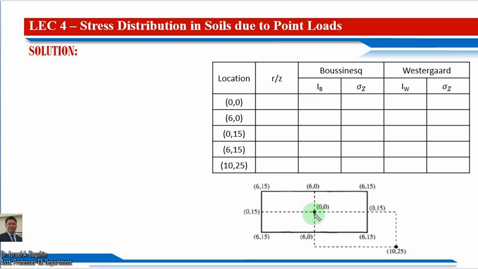This is now the center of our coordinates of the rough foundation. As you can see, this is 12 meters here, the width, and this length is just equal now to 30 meters.